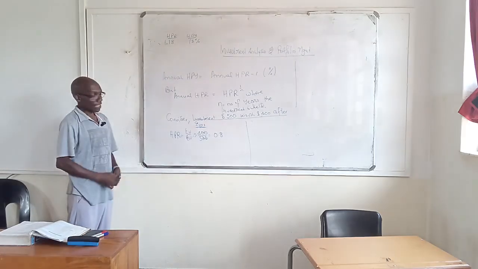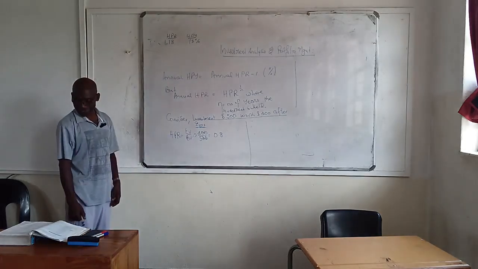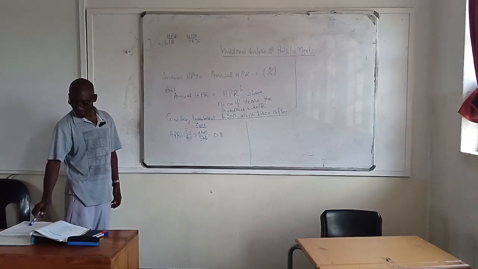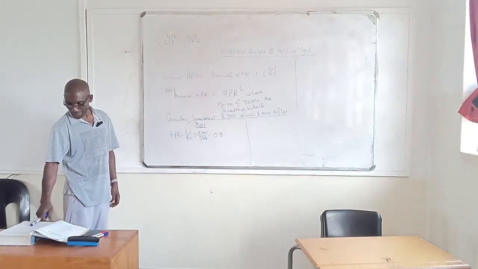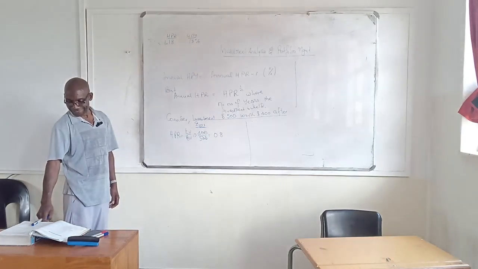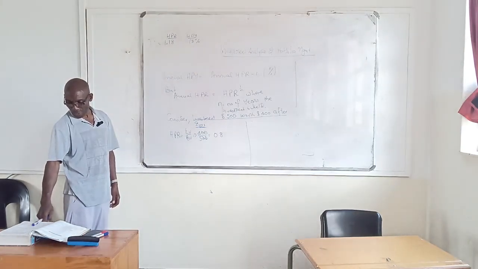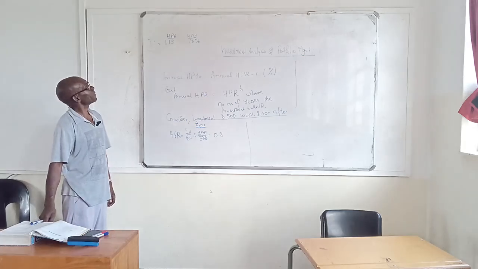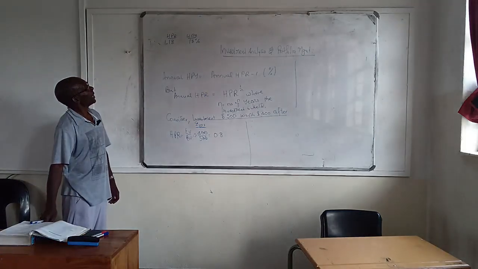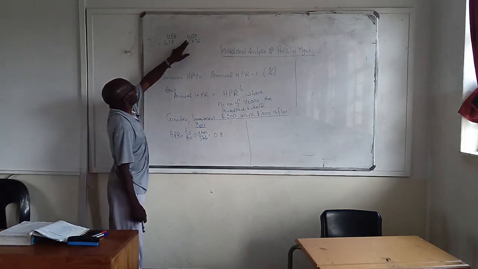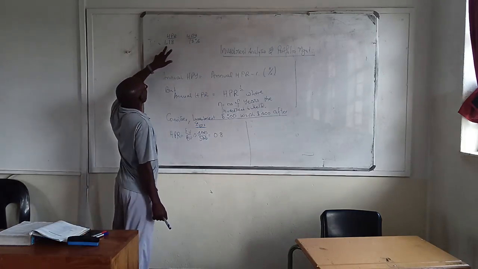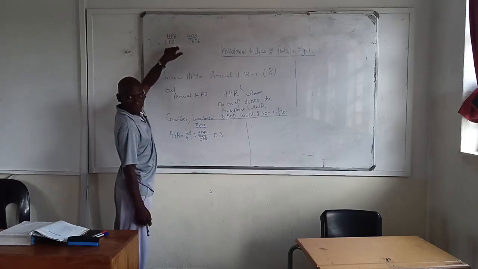All right, let's go to this one for 2 years. The annual one, it was 1.18. Annual HPR, it was 1.18. Here, to find HPY, you are taking HPR minus 1.